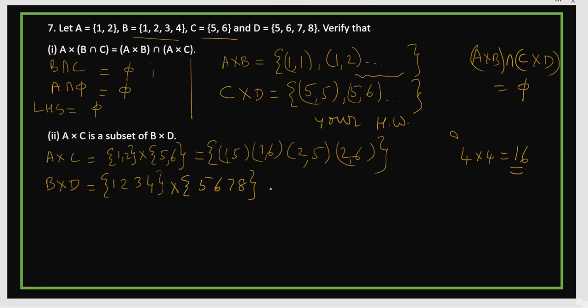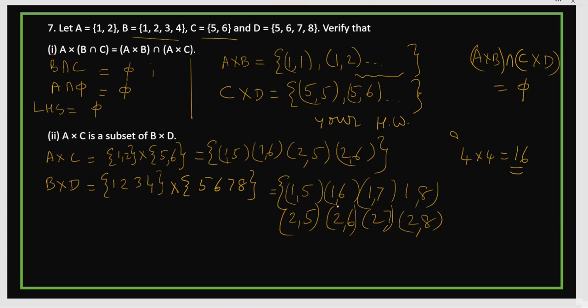Equals, first 1, 5. Next 1, 6; 1, 7; 1, 8. And that's a part of the first. Second one is 2, 5; 2, 6; 2, 7; 2, 8.